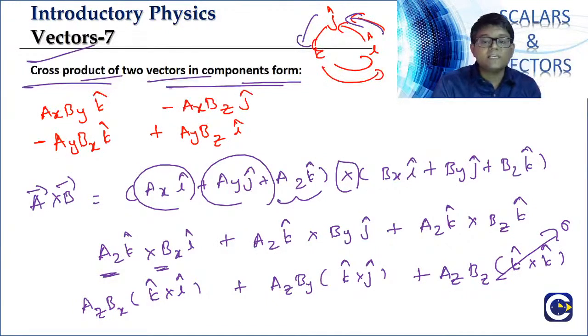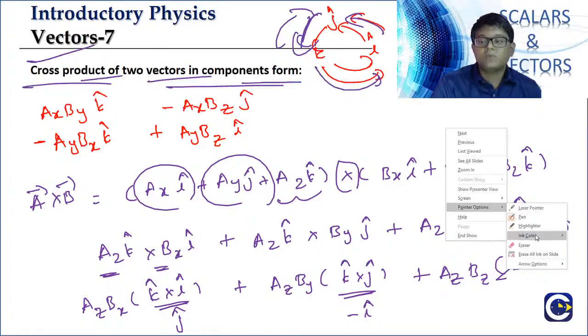What is k cross k, guys? 0. K cross k is 0. What about k cross i? K cross i will be what? J. K cross j, see, j cross k is i. K cross j will be minus i. So this is going to be minus i. So we got our terms. I will write them at the top.